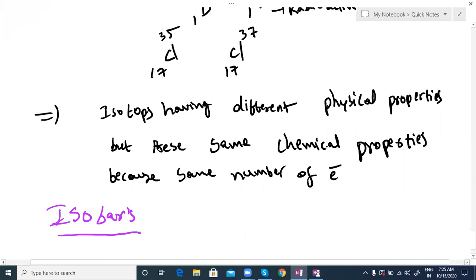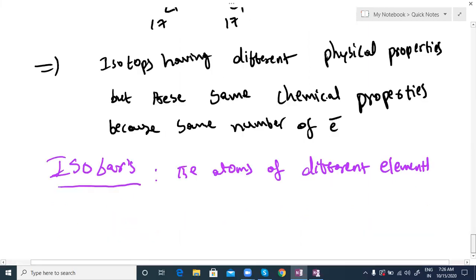Isobars are the atoms of different elements which have the same mass number but different atomic numbers.